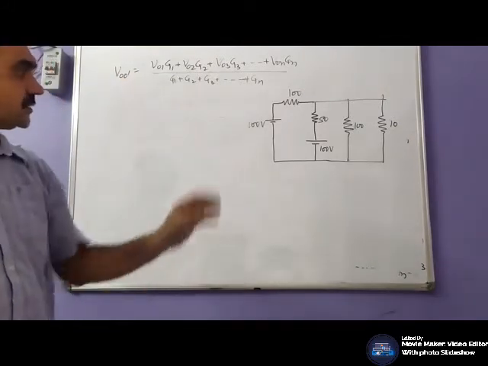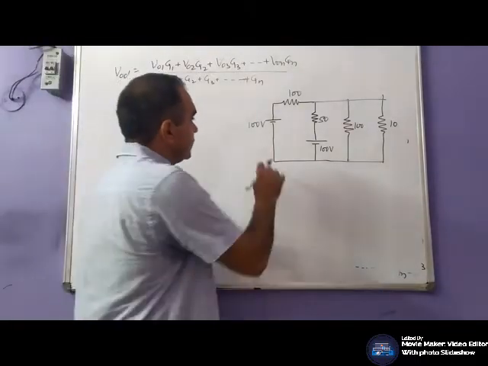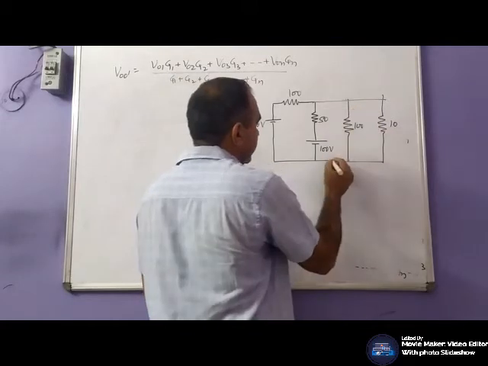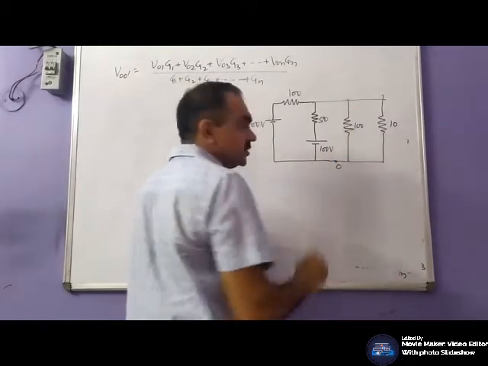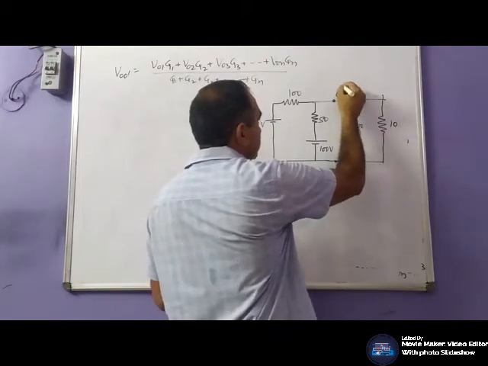So let us first mark the common point. Let these are the sources. Let this point be 0 and this point be 0 dash.